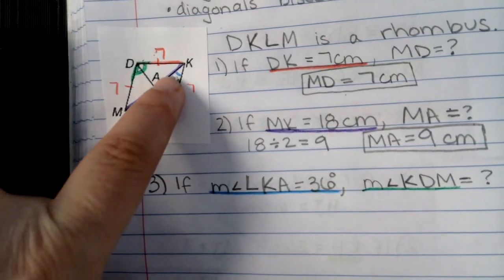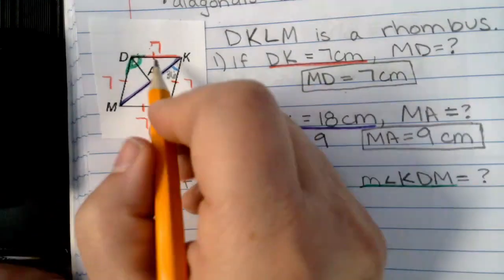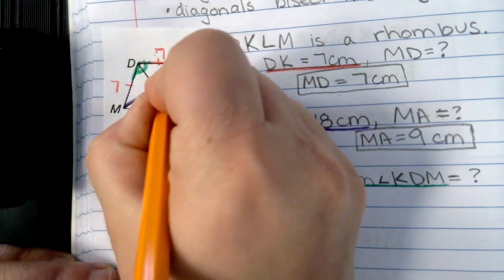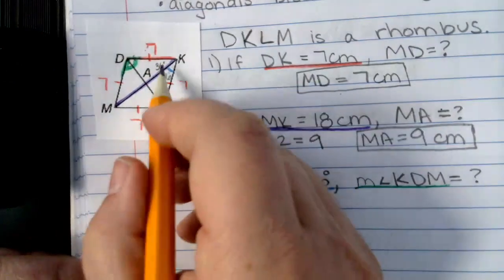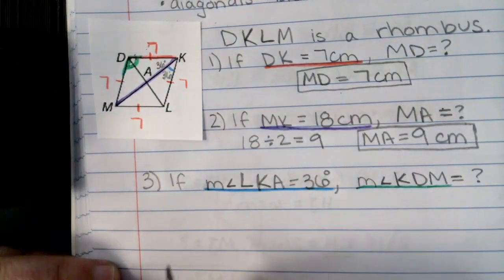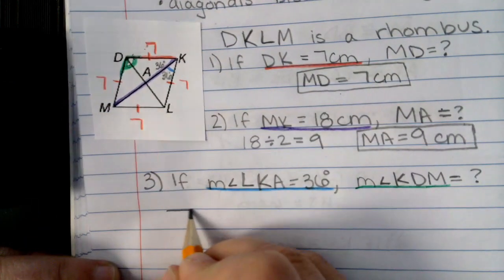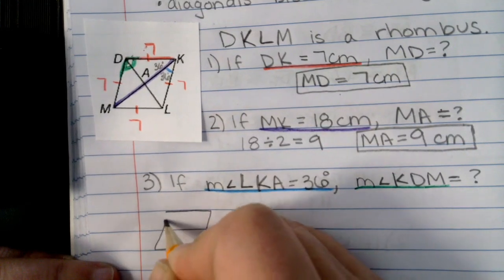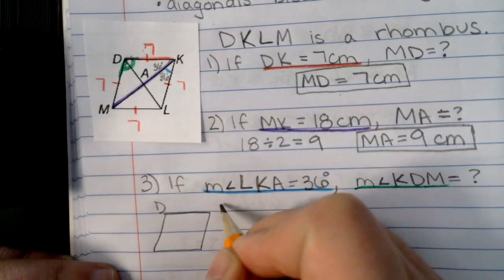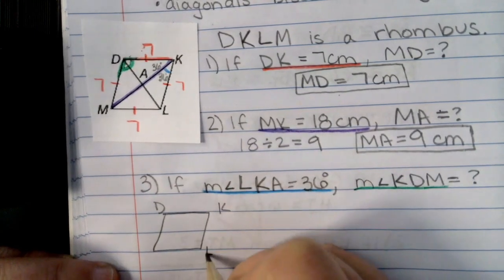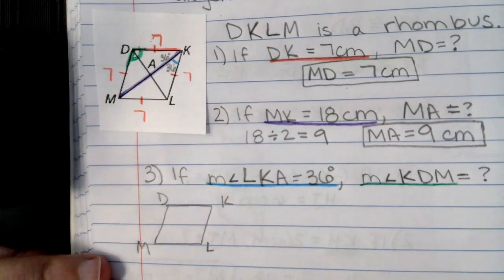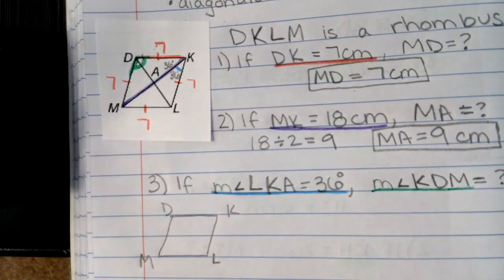D, K, L, M. There's a couple ways to find this. We're going to talk about one way in this example, and we'll do a different way in the next one. So if I look at all of angle K, how much is this whole thing? I have a 36 and a 36, which makes 72.